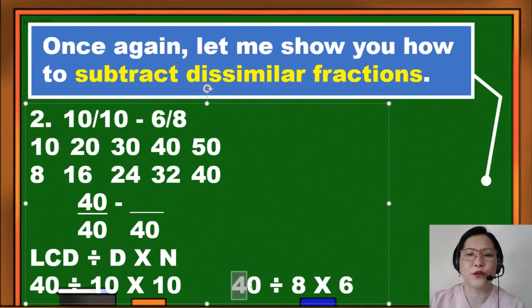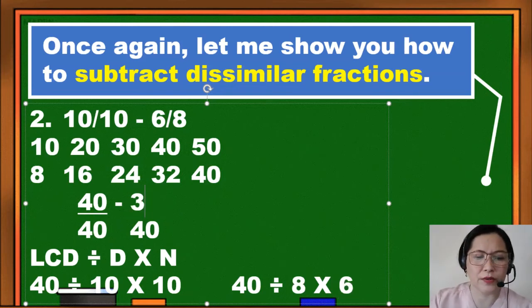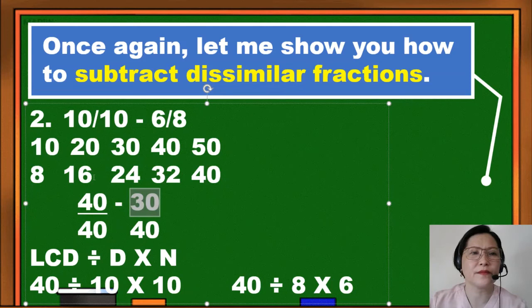Okay, so 40 divided by 8 is 5, times 6 is 30. So I will write here 30. And then, 40 40ths is the equivalent fraction of 10 tenths, and 30 40ths is the equivalent fraction of 6 eighths.